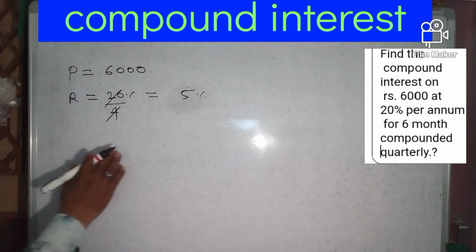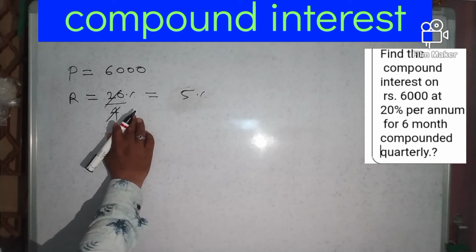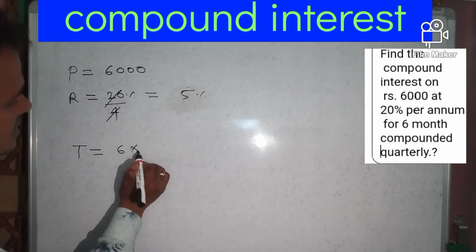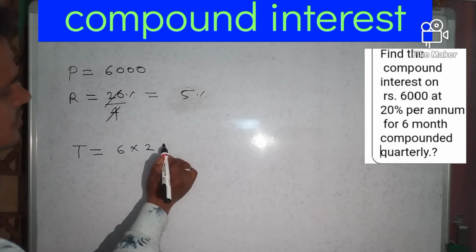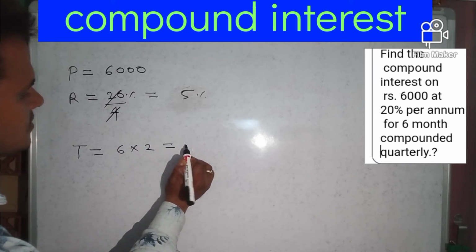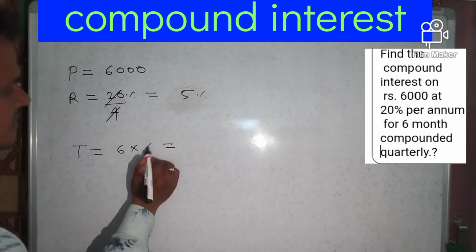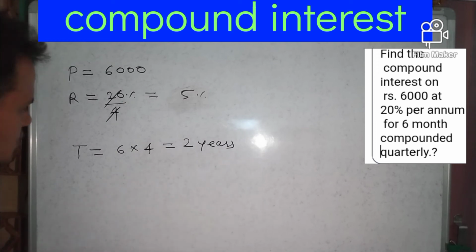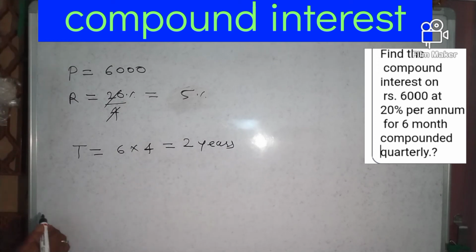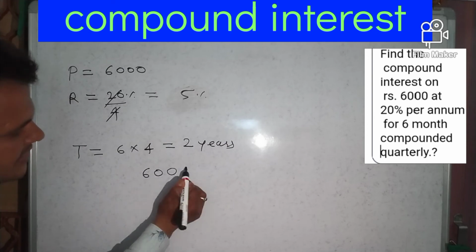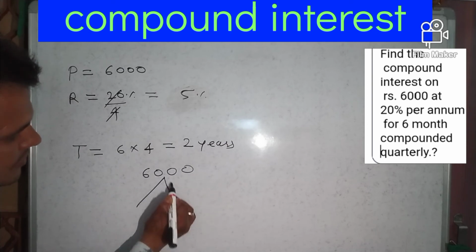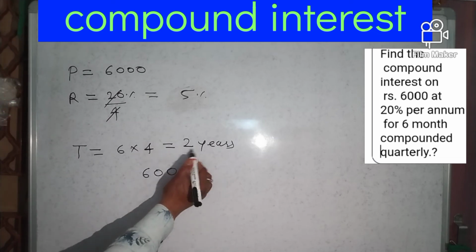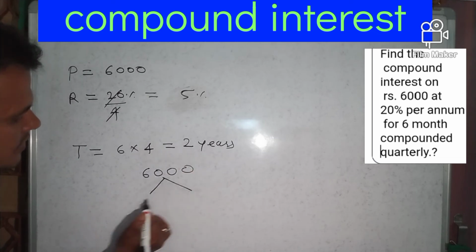So 6 months means 2 quarters. The time duration is 2 periods. Just like the previous question, where there was 1 period and 2 periods, and here it is only 2 periods, right?